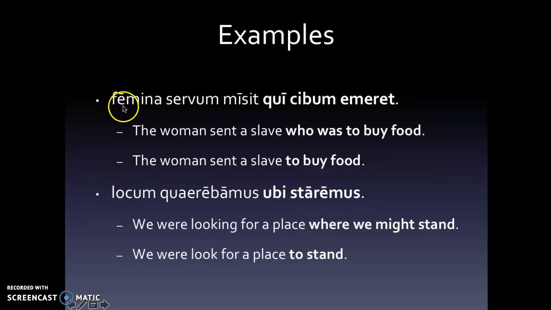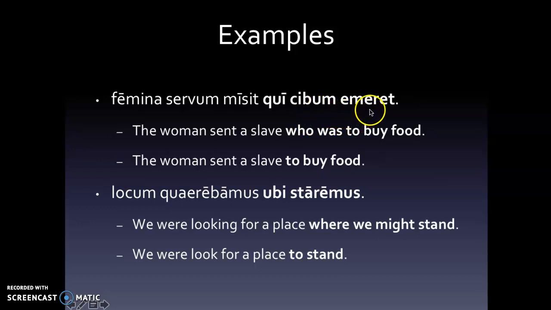Couple examples. Femina servum misit qui cibum emerit. So this is a subjunctive. Here's our qui. So the woman sent the slave who would buy food, or who might buy food, or you could say to buy food.